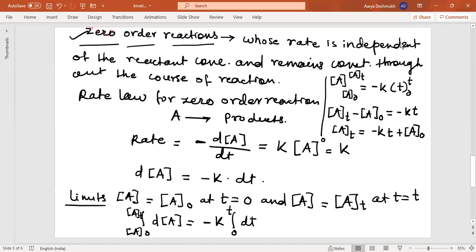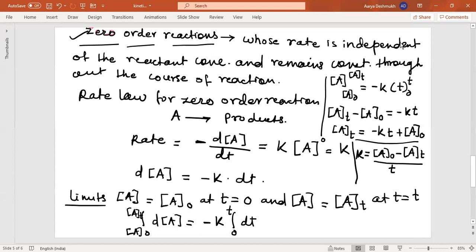Or we can rearrange it like this: K equals concentration of A at 0 time minus concentration of A at t time, divided by t. So we wrote this equation in terms of K, the rate constant.